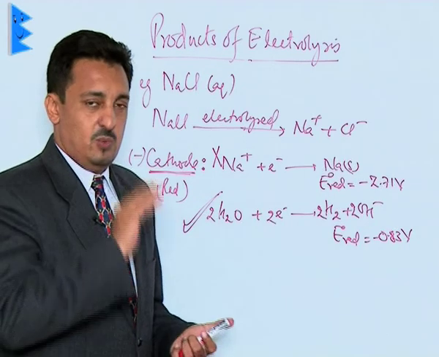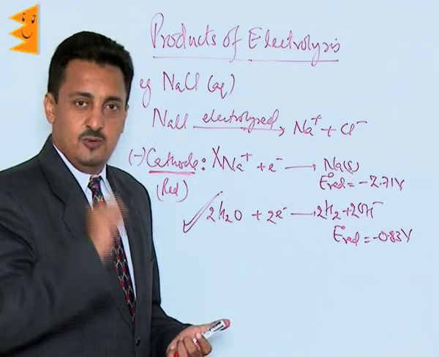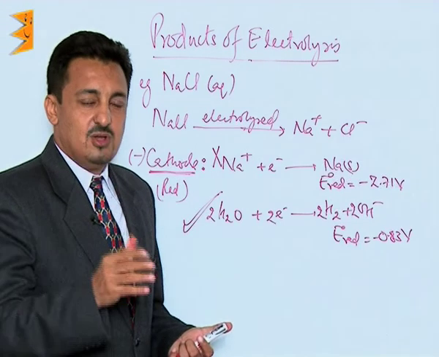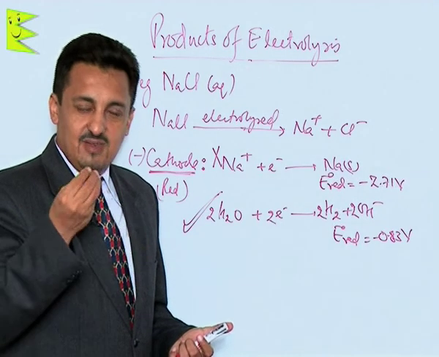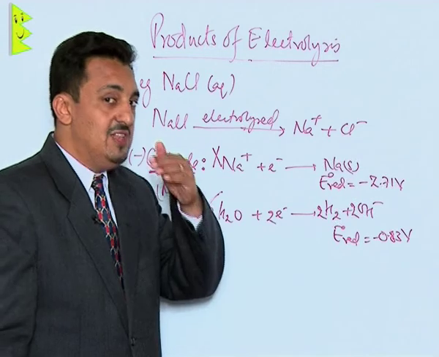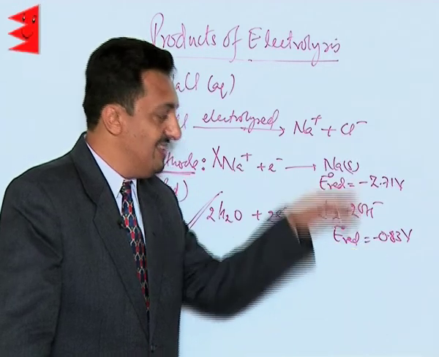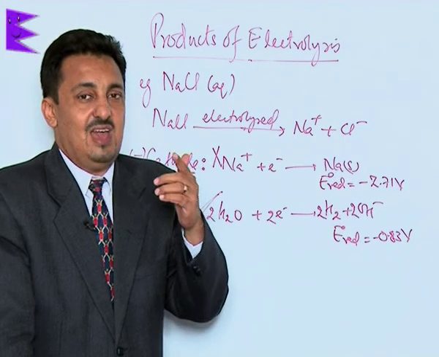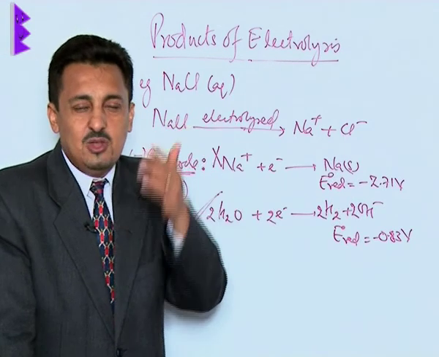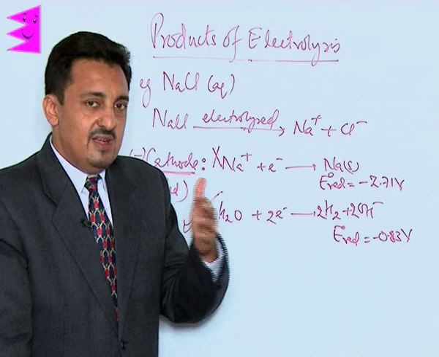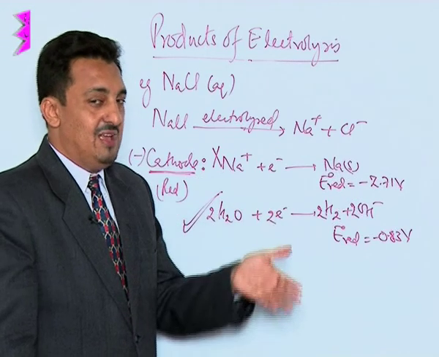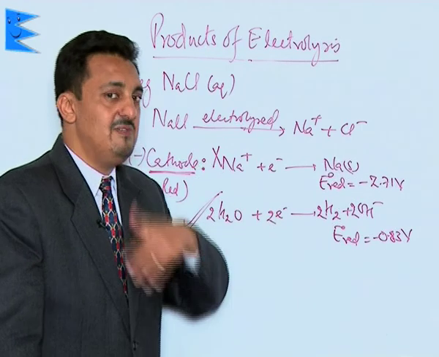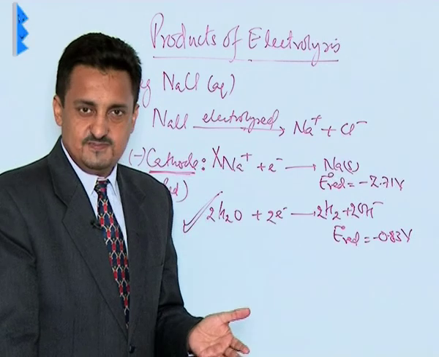And that is why, if we have to obtain a reactive metal whose E0 reduction value is less than this one, we cannot do its electrolysis in the aqueous medium, because water's reduction potential being higher, it always gets reduced, leaving that metal in the oxidized state.